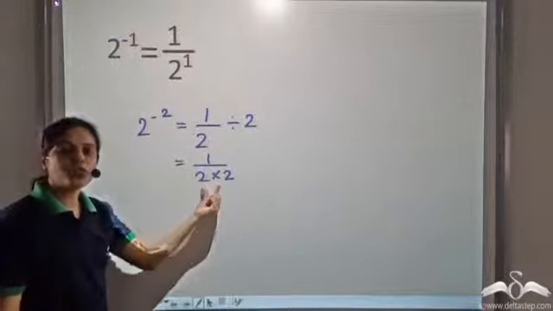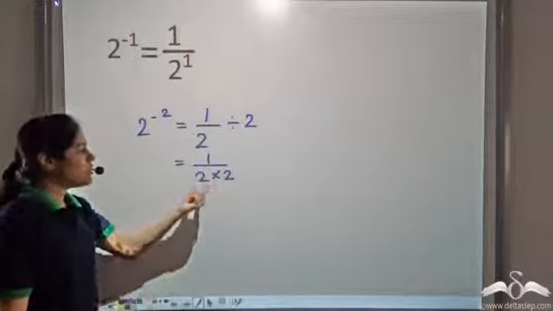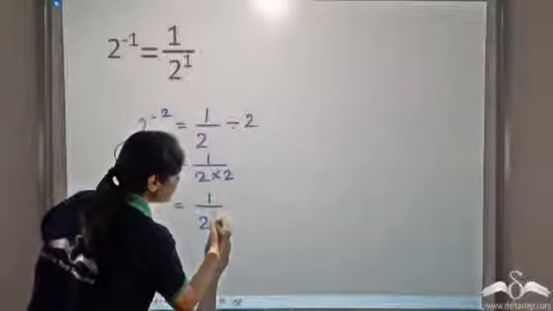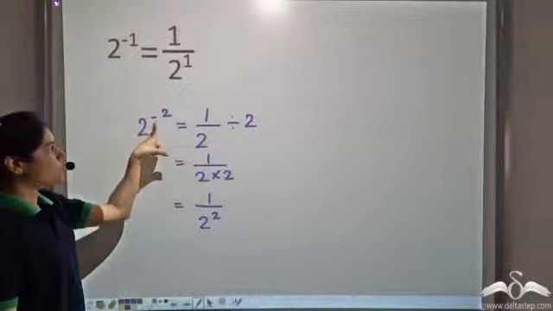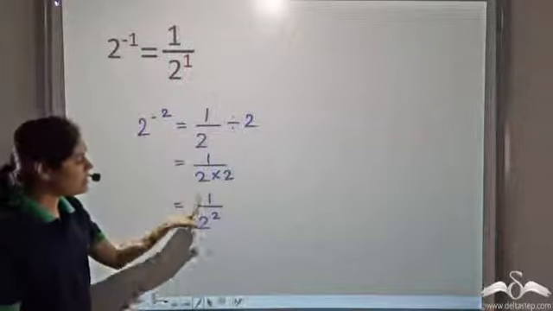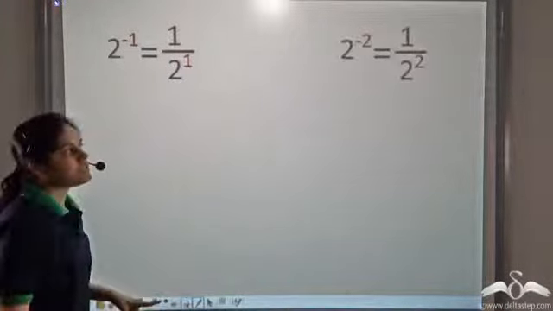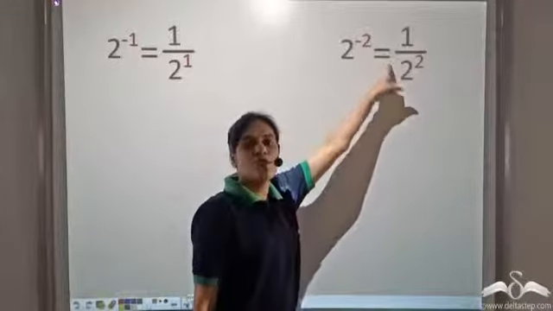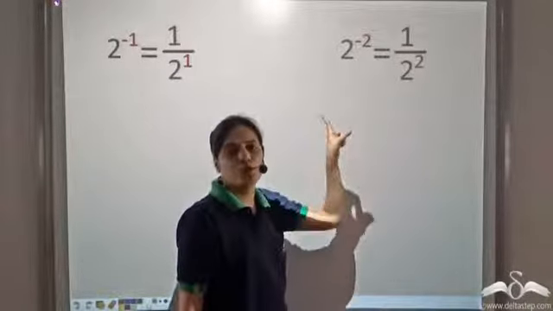Now 2 into 2 is 2 multiplied 2 times, so we can represent it in exponential form as 2 to the power 2. So 2 to the power negative 2 is equal to 1 divided by 2 to the power 2.